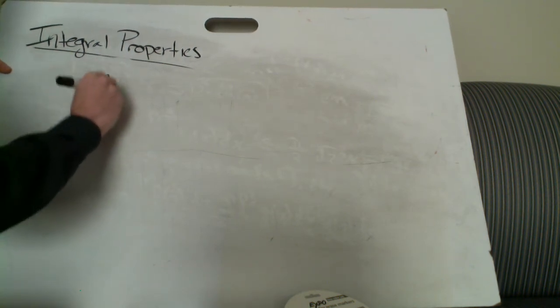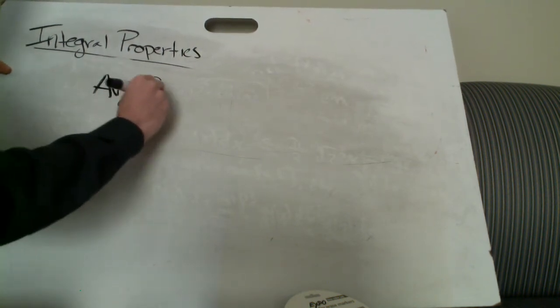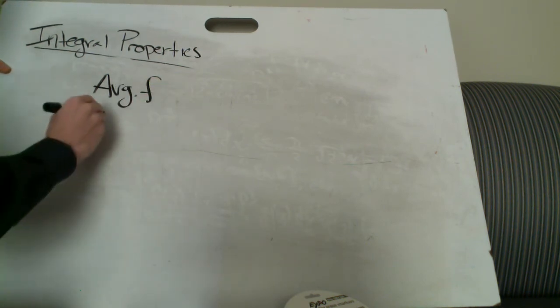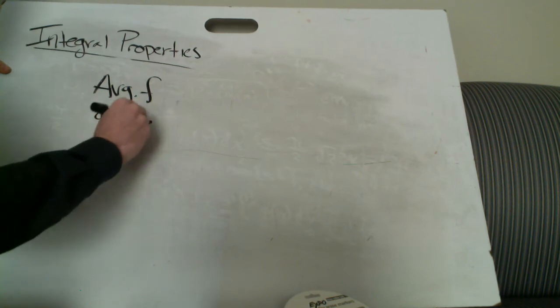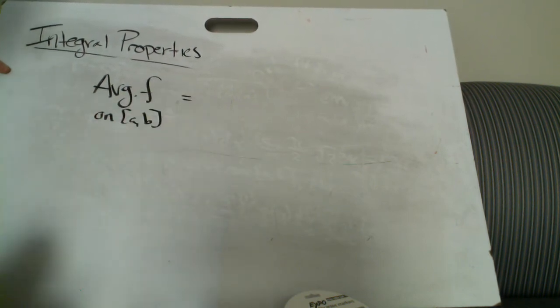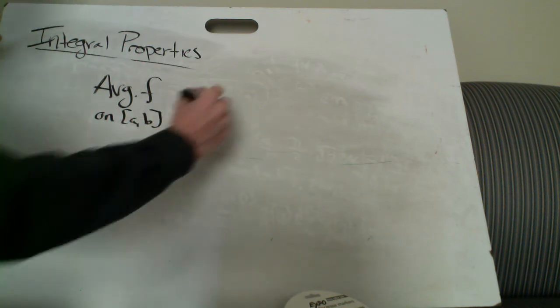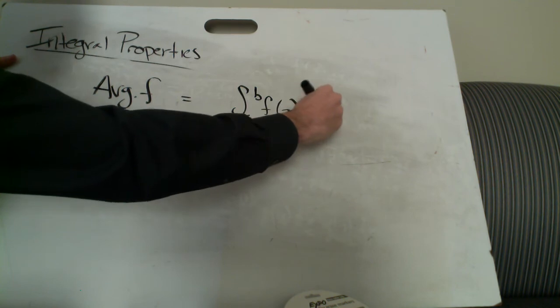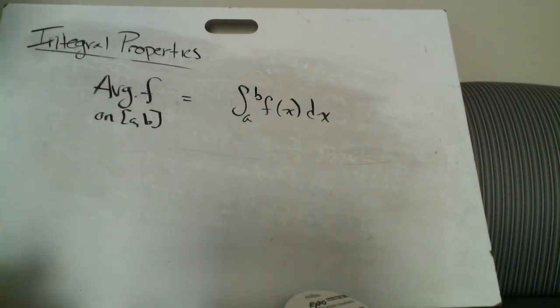The average value of f on a particular interval, let's say on [a, b], is going to be the total area, which is the integral from a to b of f, divided by the length of the interval here, which is b minus a.